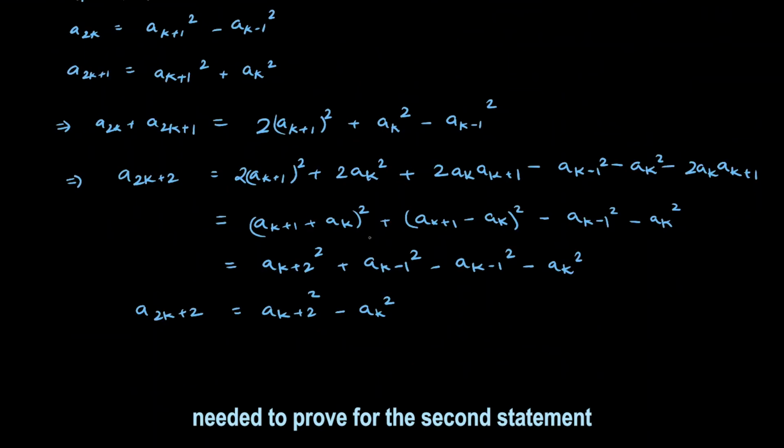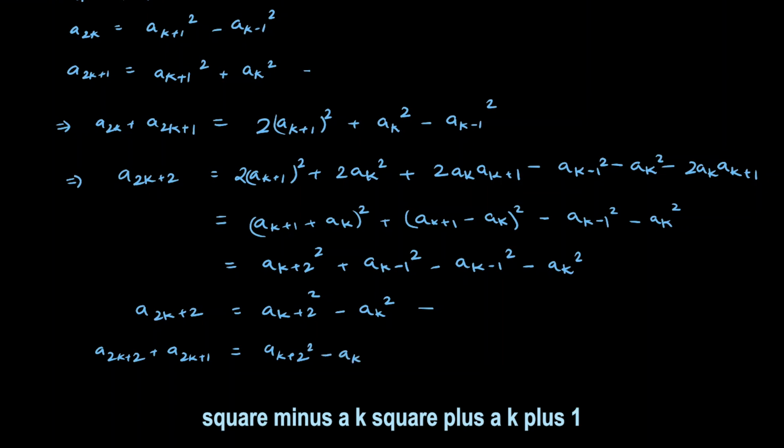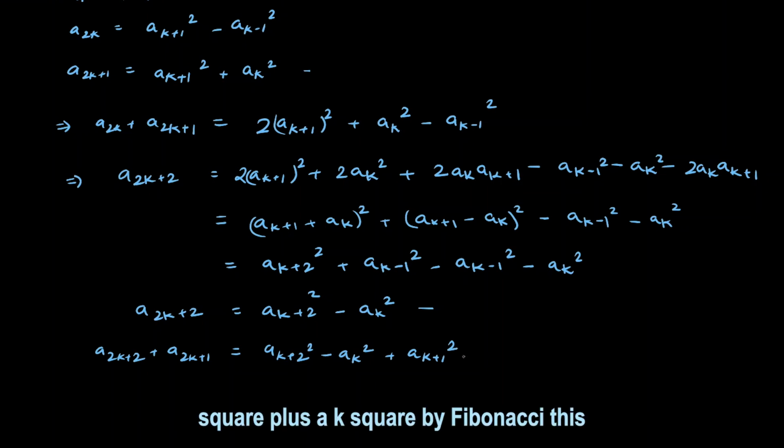For the second statement that we need to prove, we will just add this equation and this equation. So we get a_{2k+2} plus a_{2k+1} is equal to a_{k+2} square minus a_k square plus a_{k+1} square plus a_k square.